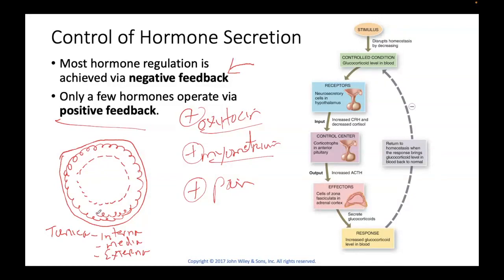This is smooth muscle, and I'm drawing it like a coil. The innermost layer, the tunica interna, is made of epithelial cells, like squamous cells, and they're easily damaged.